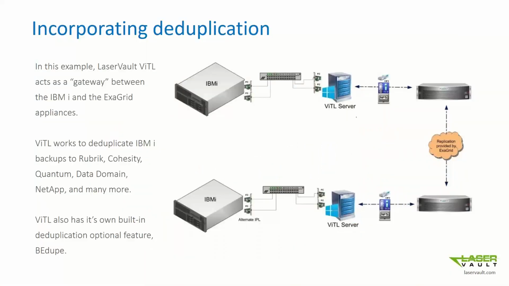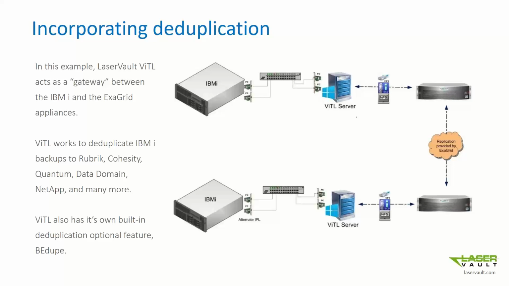Data deduplication. There are many ways to do this. We, in fact, work with many deduplication backup solutions like Rubrik, Cohesity, Quantum, Data Domain, NetApp, and many more that are available on the marketplace.